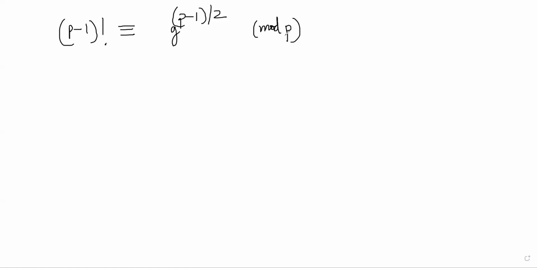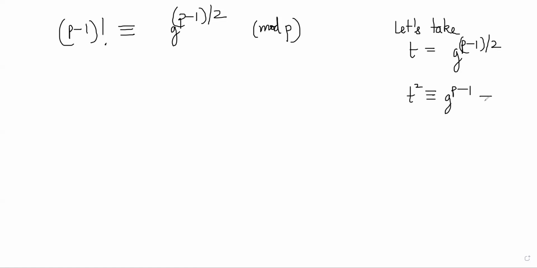right? Let's take the substitution t is equal to g power p minus 1 by 2, right? Then t square is congruent to g power p minus 1, which is equal to 1 mod p.